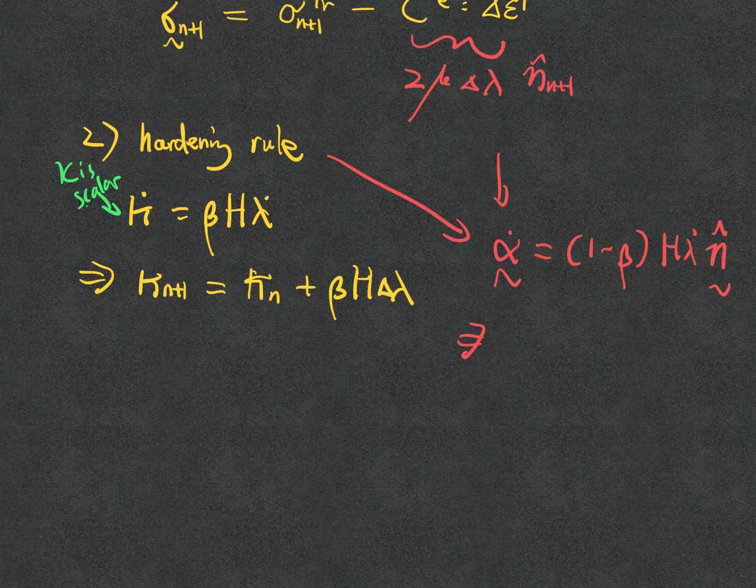So that will lead to alpha n plus 1, the new back stress, equal to the previous old back stress plus the change that is allowed by the hardening mechanism, 1 minus beta h delta lambda n plus 1.